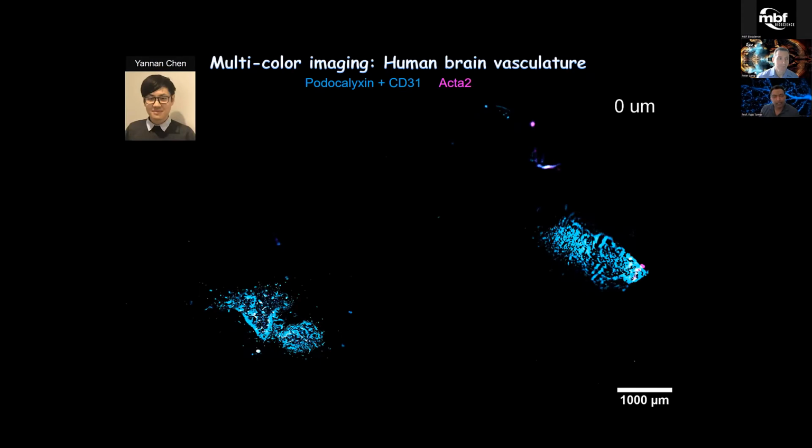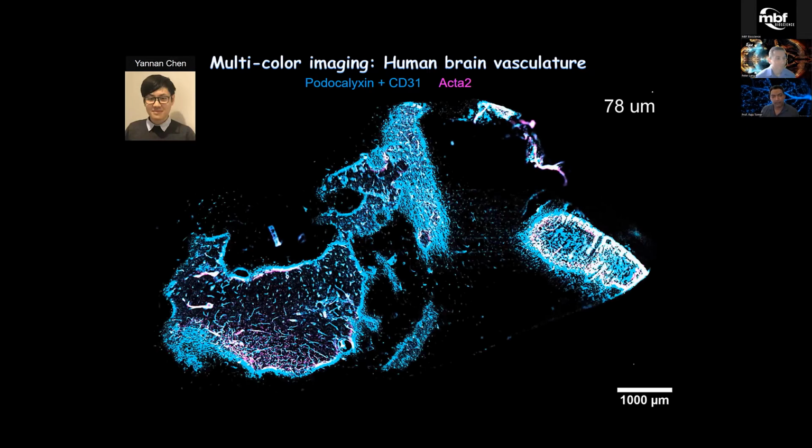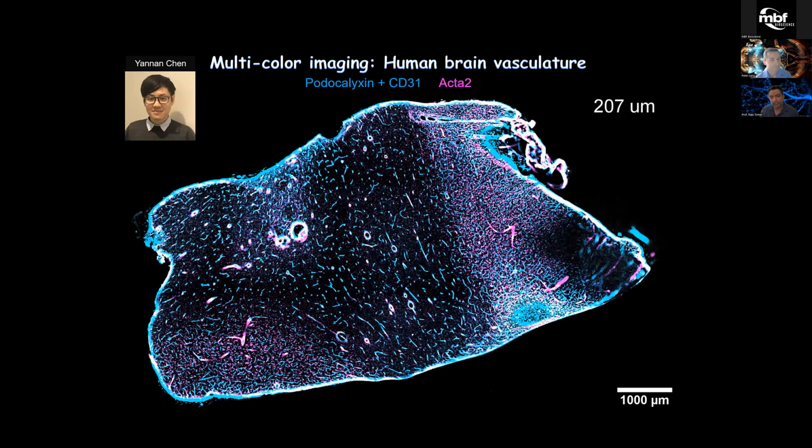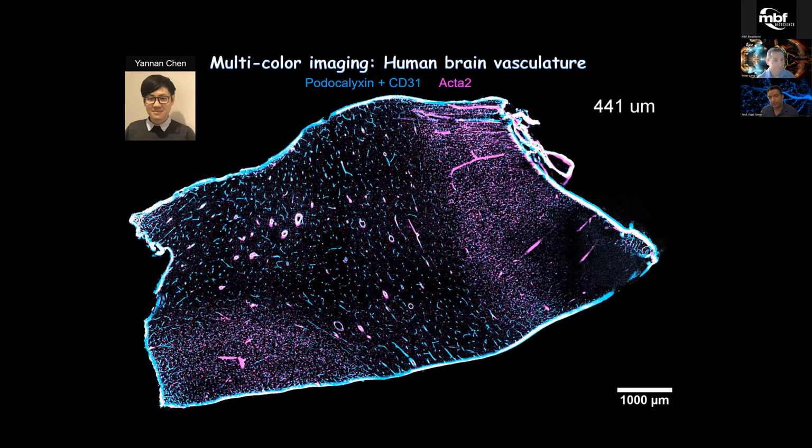Another example is to demonstrate this multi-color imaging capability. This is work from a PhD student in the lab, Yanan, who is developing ways to label and map vasculature in human brains. He's just showing one example. It's a large chunk of human brain, as you can see from the scale bar, which is 1 millimeter.